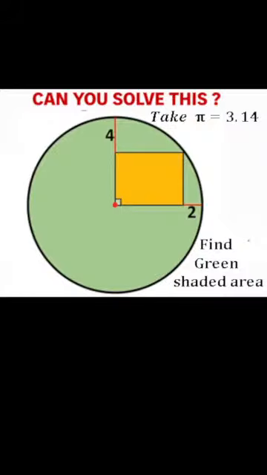I'm not going to consider every answer as correct because the guidelines clearly mention that we need to take pi as 3.14. So all of you are requested to take pi as 3.14. You need to find the green shaded area, and let's see how many of you can do this one.